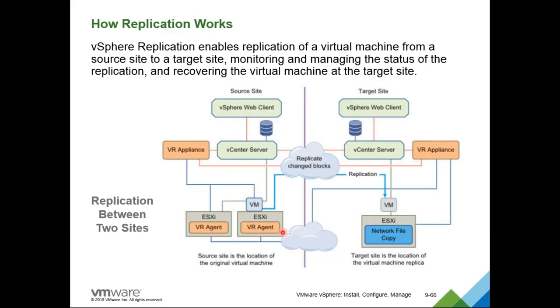What are the disadvantages? Yes, it maintains the secondary copy of virtual machines in your target site. This is one advantage. Whenever your source site is down, you can run the fault tolerance protected virtual machines as secondary virtual machines from your target site.